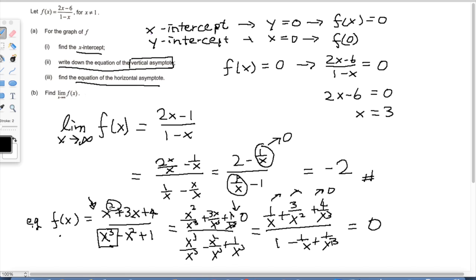As this question is in paper 2, the calculator test, my advice to you is that you can always use the calculator to check the value of the limit of f(x) by inputting some large value of x when you are finding the limit as x goes to infinity.